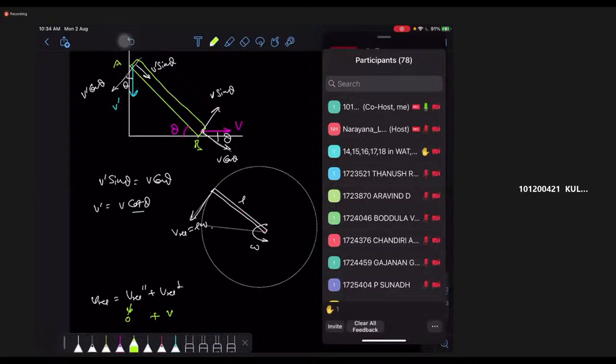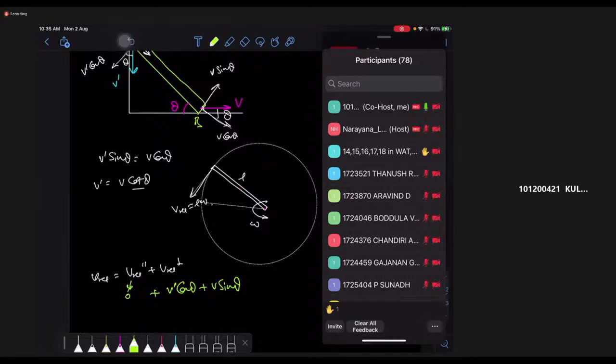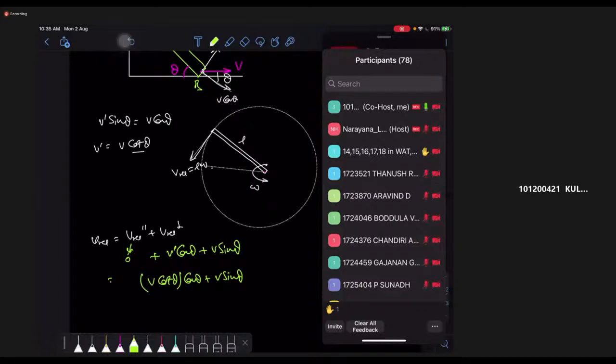In the perpendicular, we have V dash cos theta plus V sine theta. V dash, I already told you what V dash is, V dash here is V cot theta. Overall, if we write it, V by sine theta is going to be my V relative.